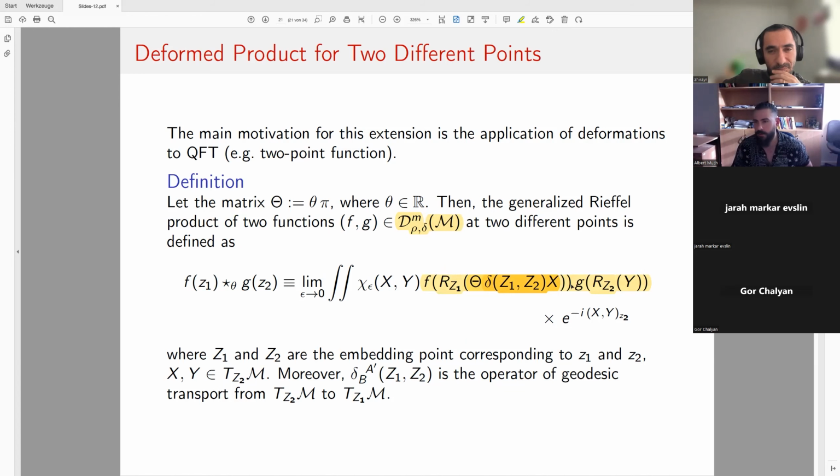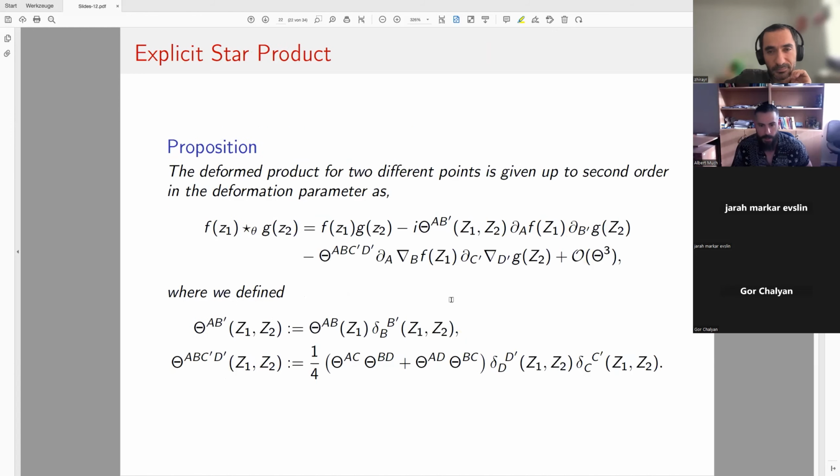So it has to belong to a certain symbol space, they say. Okay, and then you calculate this product explicitly, and what comes up is that it is basically the normal product times theta AB, delta B prime, and then to second order, you get more things.